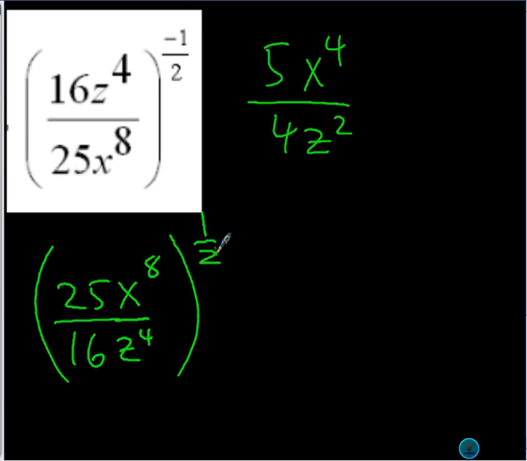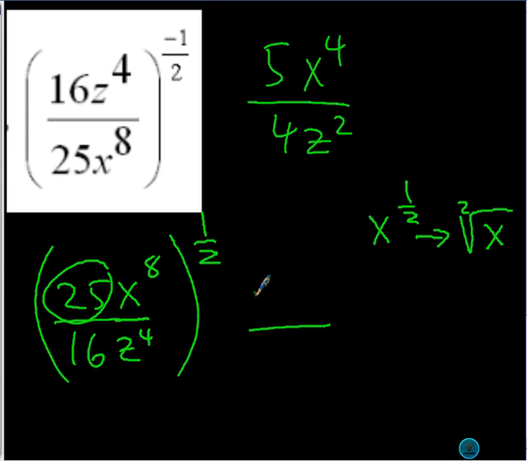So now x to the 1/2 is the same thing as the square root of x, right? So now I can take the square root of 25, and that's going to be 5, right? I can just use the power to a power rule, 1/2 times 8.